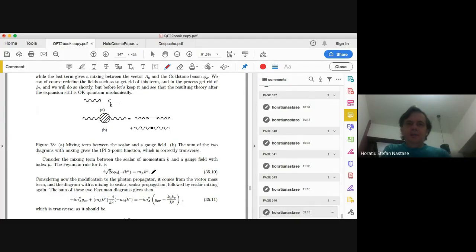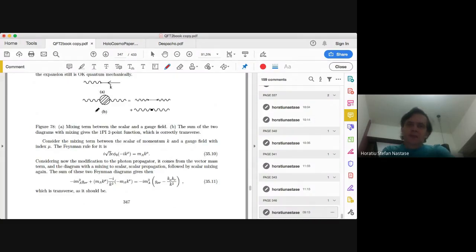Considering now the modification to the photon propagator. So I write the full photon propagator in this way.